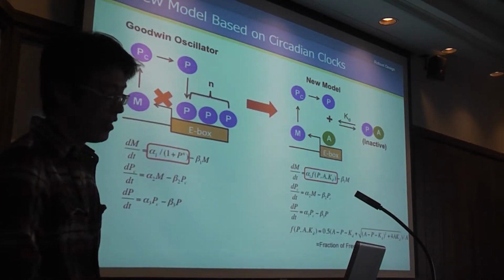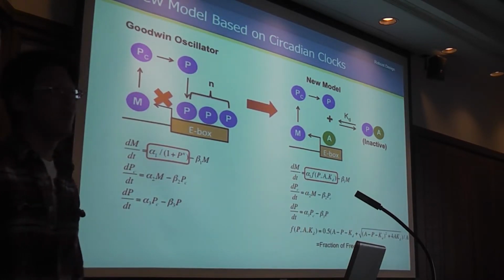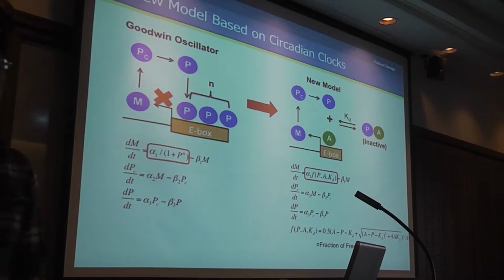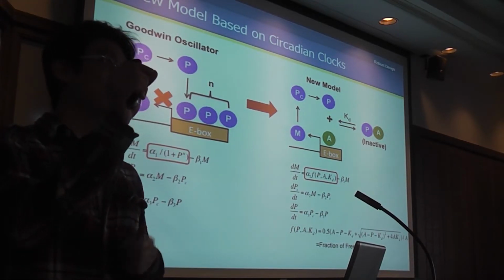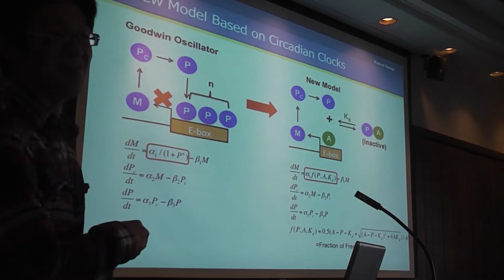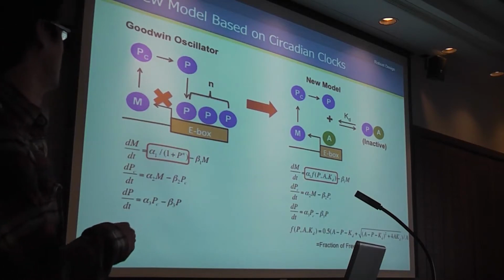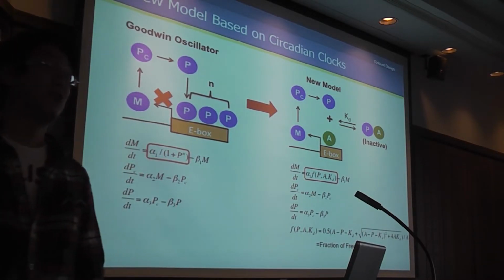The reason is, I don't know if you're familiar with the Goodwin oscillator. If you look at any mathematical biology textbook, and there is a chapter on biological rhythms or clocks, this is the first example. This model was developed around the 1960s, and it is used a lot.